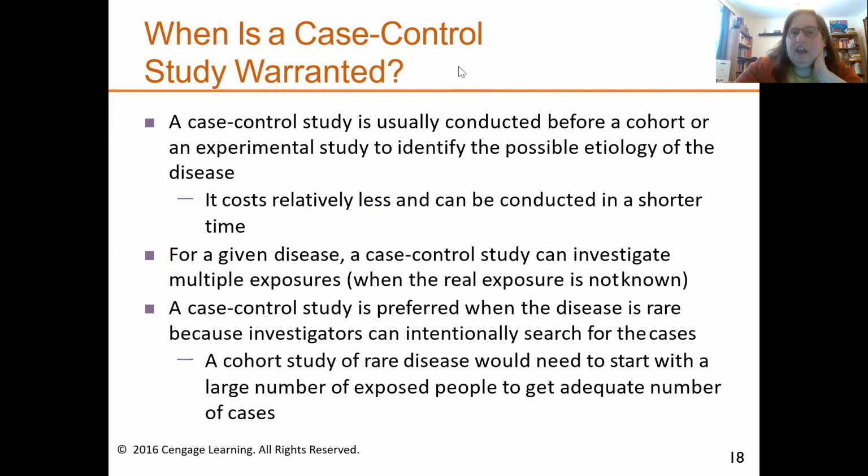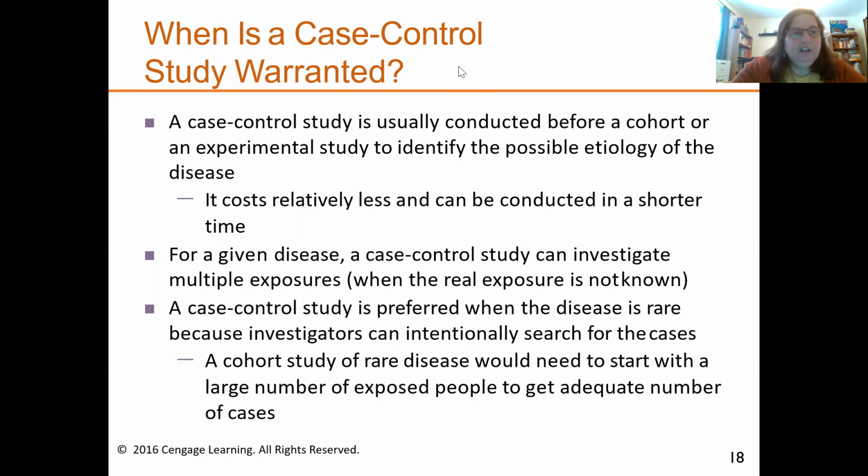So let's say we weren't really 100% sure that depression is the main exposure that we wanted to study in this case. Maybe we want to study, we're not sure, like maybe it is depression, maybe it's overall symptomatology, maybe it's something else. Okay, so I'm just throwing that out there. And so we might do a case control.